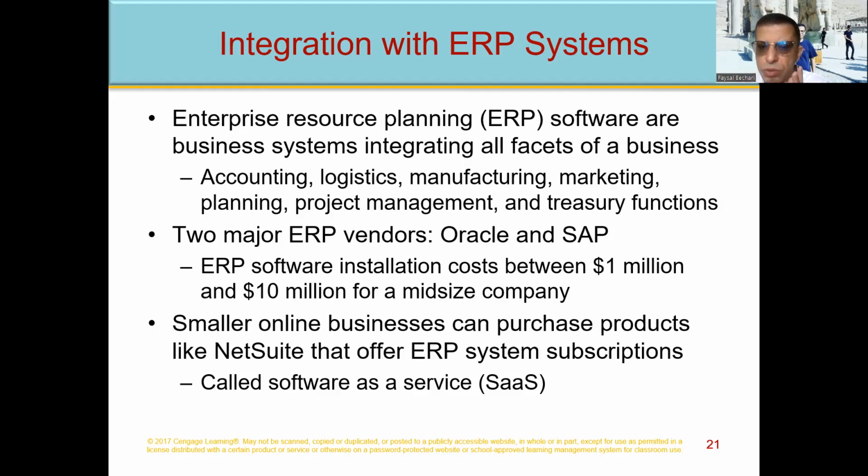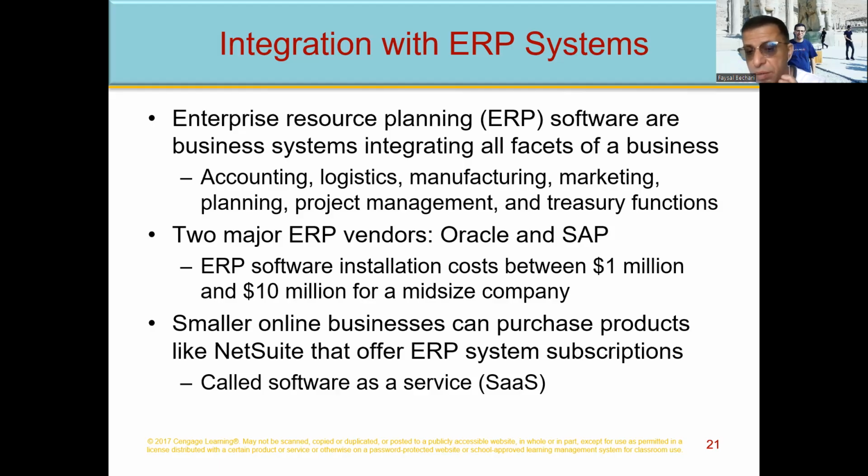But the two major vendors are Oracle and SAP. ERP software installation, we might see that also in the video. ERP software installation can cost between 1 million to 10 million for a mid-sized company. That's a lot of investment.